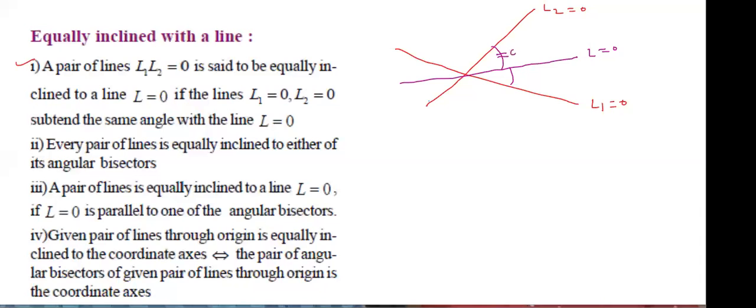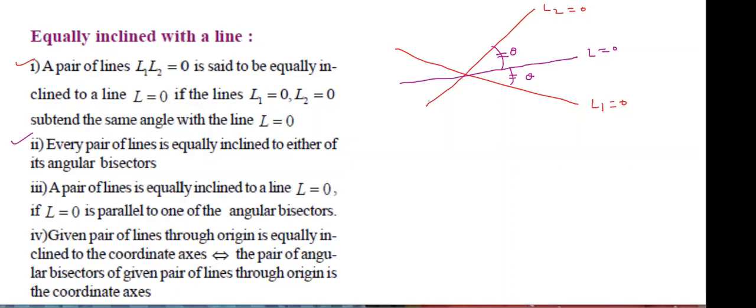Same angle means line L, we will say that the pair of lines is equally inclined with the line L is equal to 0. That is the meaning.